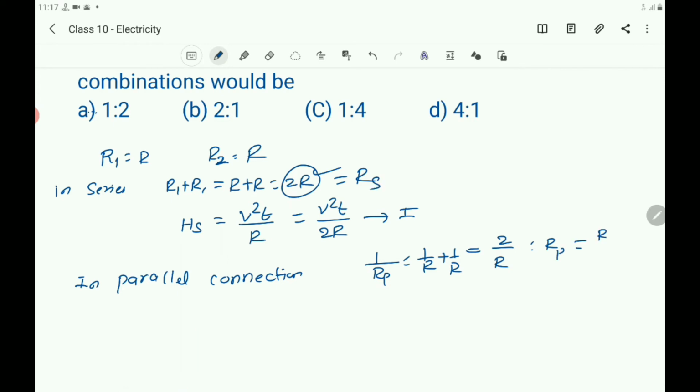So that becomes R by 2. Here as you got 1 by Rp equals 2 by R, then Rp becomes R by 2.